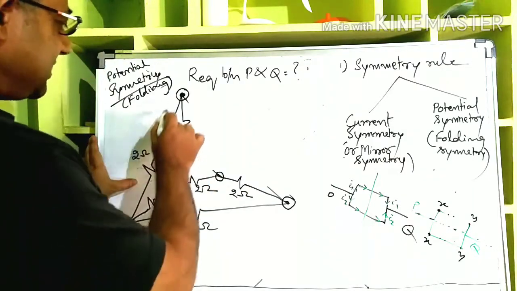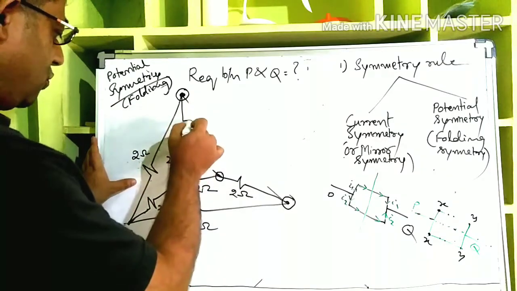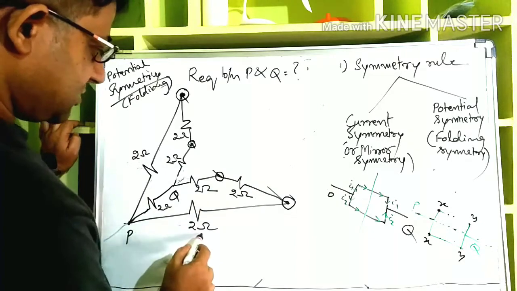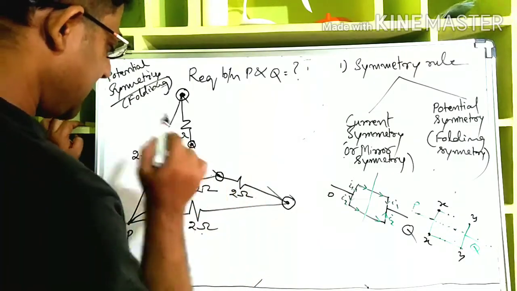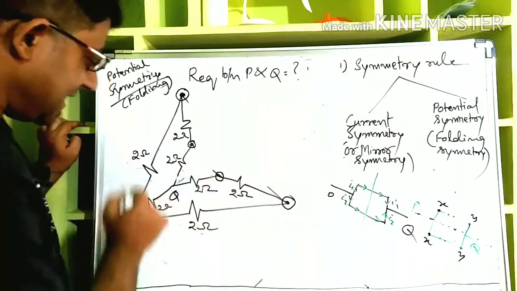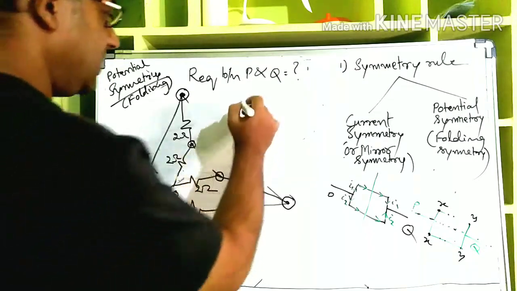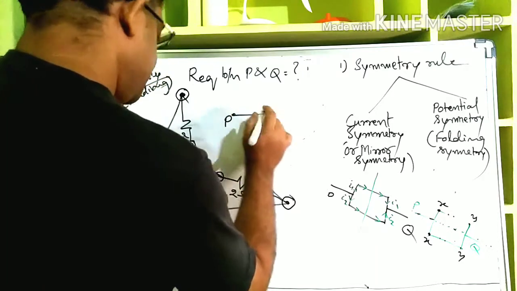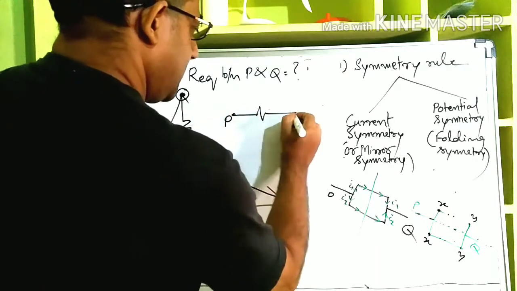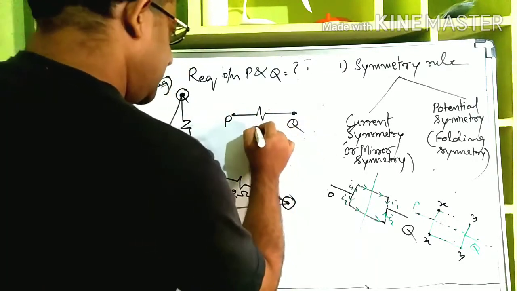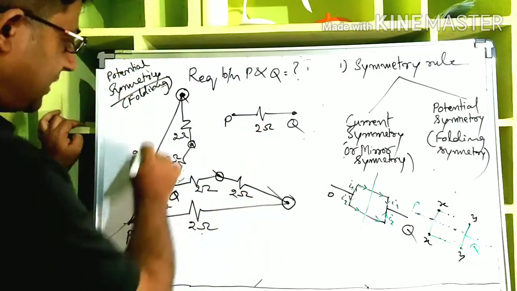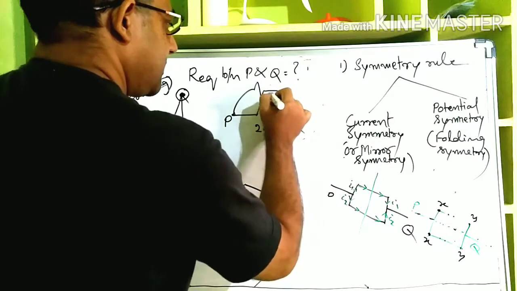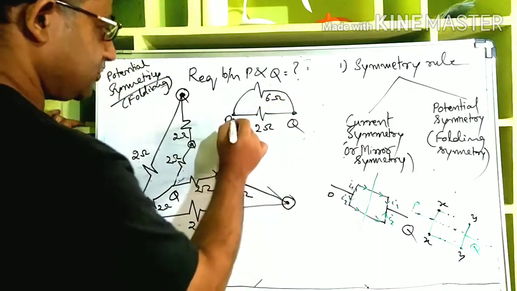Now see, all these are in series, 2 ohm, 2 ohm, 2 ohm, 6 ohm, and here again 2 ohm, 2 ohm, 2 ohm, another 6 ohm in series, and that is in parallel with the 2 ohm. So if I write P Q, here it is 2 ohm, one side is 6 ohm, and this side also is 6 ohm.